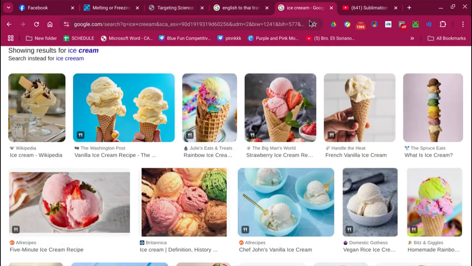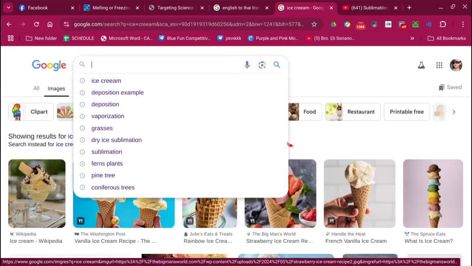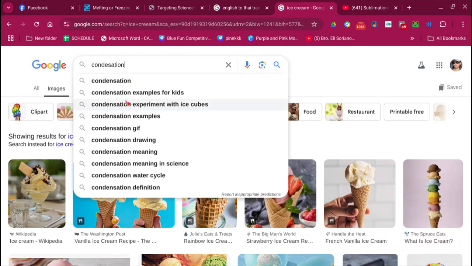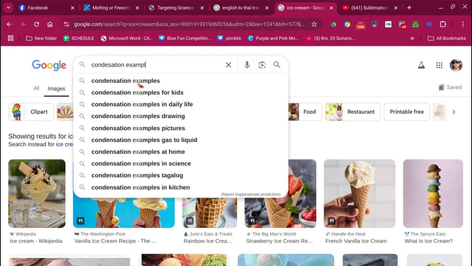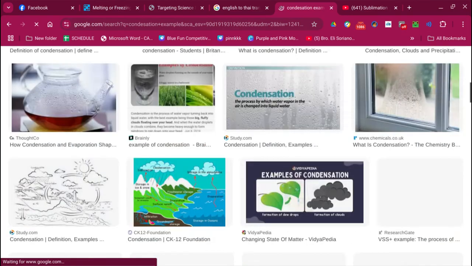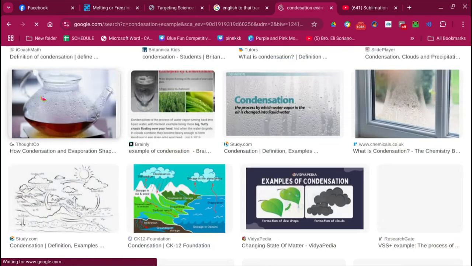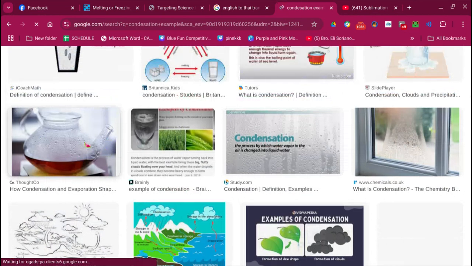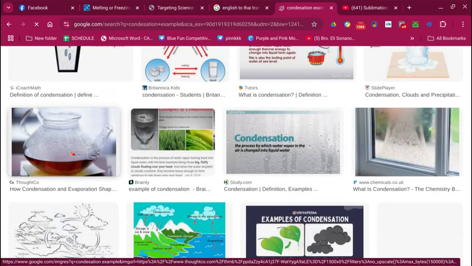Another example. There will be gases that evaporate and transform into a liquid, and it will be transformed into water droplets, or like small circles.